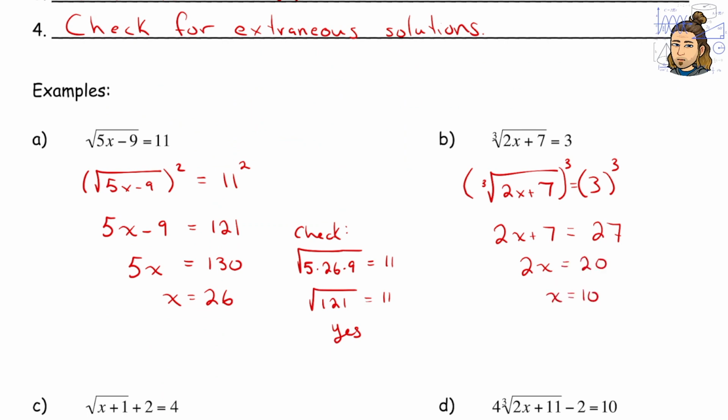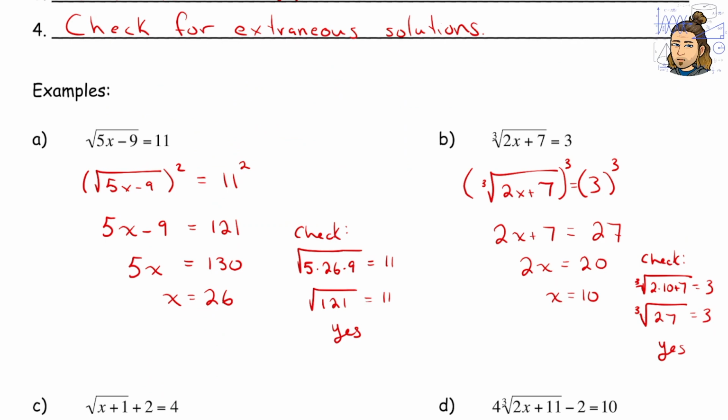We have x equals 10, and now we will go ahead and plug that back into the original equation to check whether we've created any solutions that are not viable. And again, this works out for us. There are no extra or extraneous solutions.